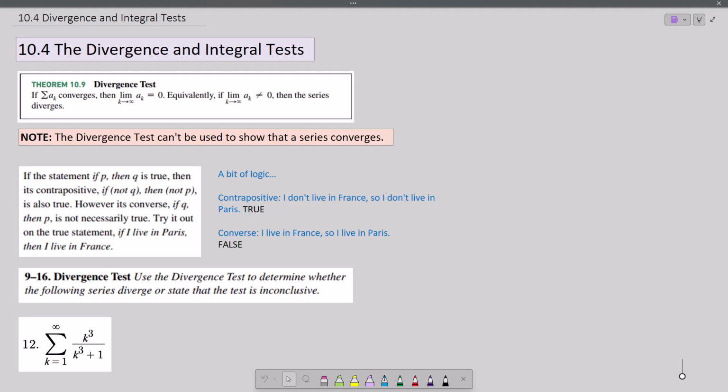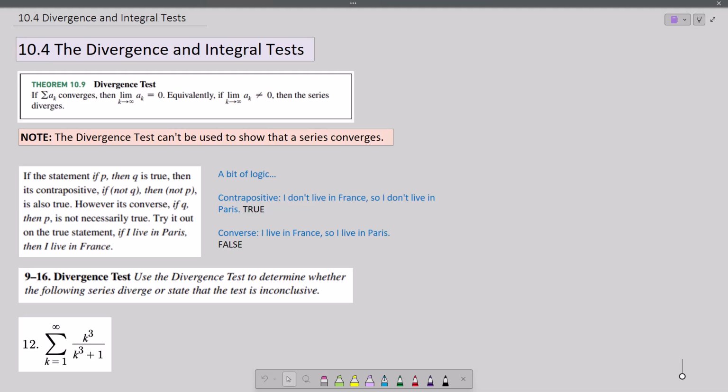And by that I mean, if the limit of the terms isn't even 0, there's no question, the series diverges. That's egregious. If the terms don't even go to 0, hands down it diverges, you're done. The question is when the terms go to 0 and it still diverges. That's the hard thing. If the terms go to 0, that means it might converge or it might diverge.